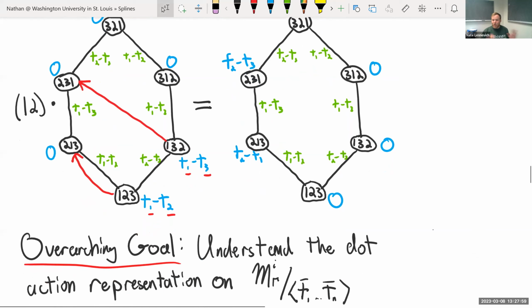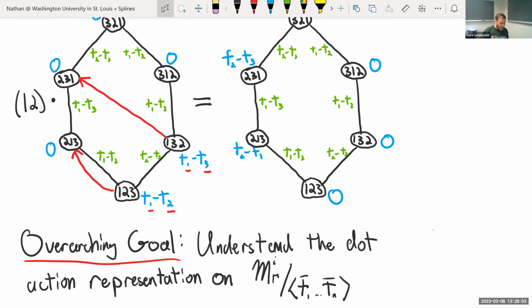Our second overarching goal, the one that I focus on more than the structure, is I want to understand the dot action on this module.